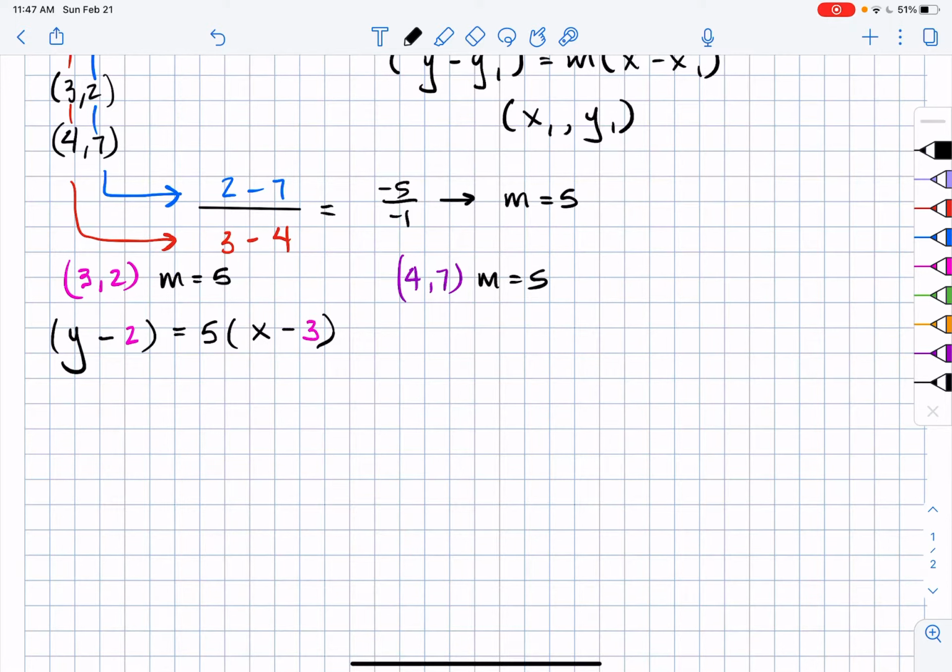If that's the case, then I have y minus 7 is equal to 5 times x minus 4. And that would be my other equation. And that right there would be choice A.